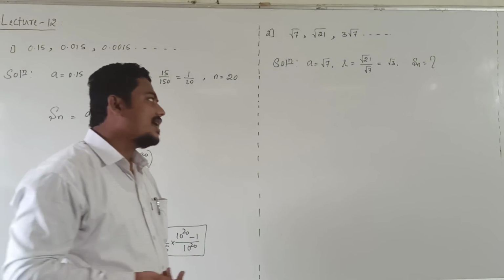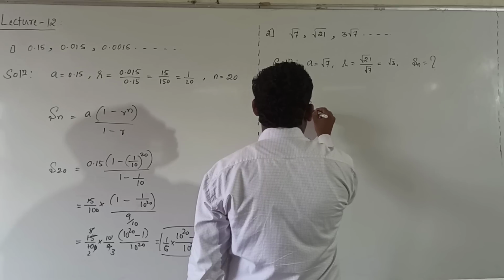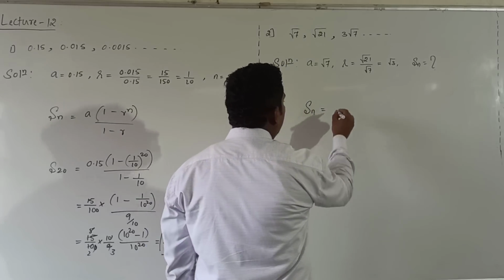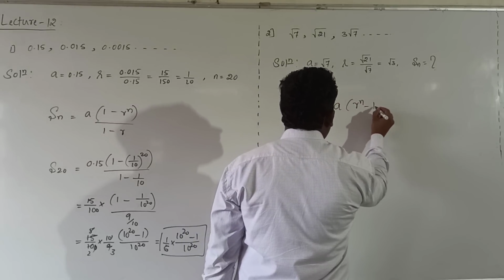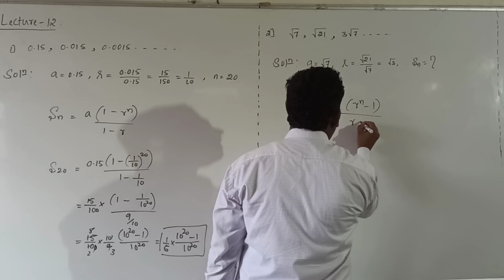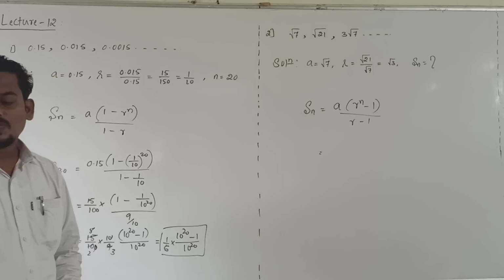When r value is more than 1, then what is the Sn formula? Sn is equal to a into r power n minus 1, whole thing divided by r minus 1. Now replace all the values.